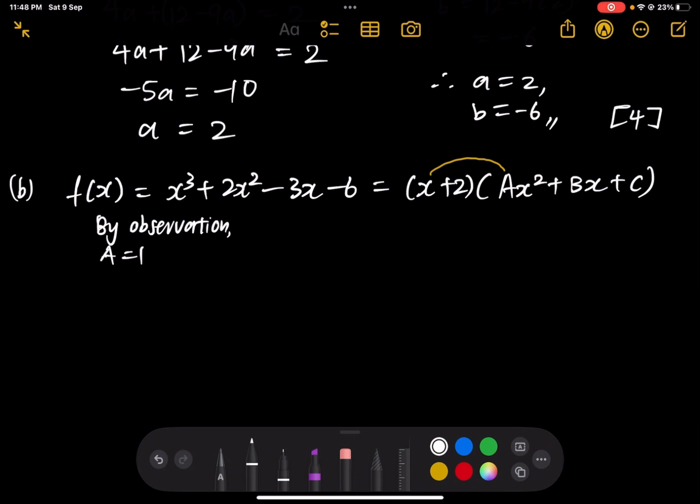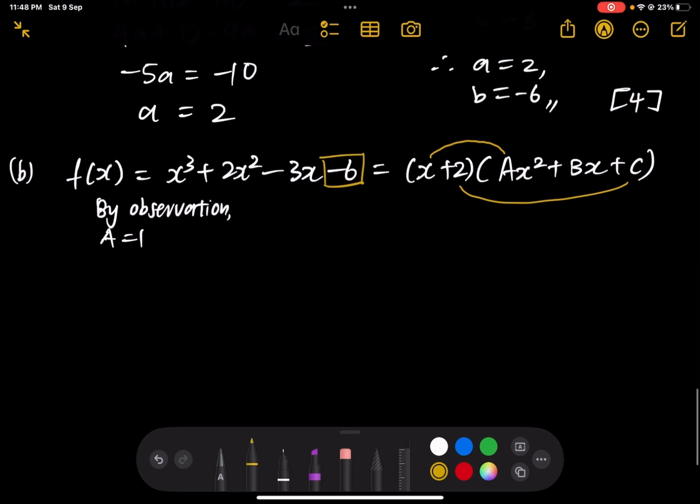Now let's take a look at c, because c is a constant. Here is a constant term, here is also a constant term. The constant is 6. So 2 times c, 2 is from here, c is from here, 2c will be equal to minus 6. Hence, my c will be minus 3.